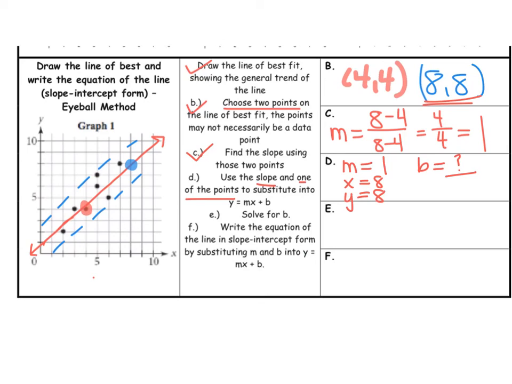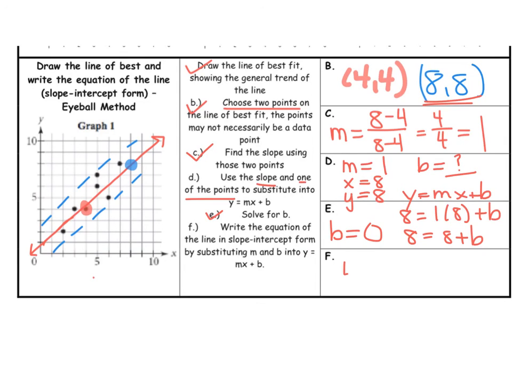So we're going to solve for b. So our equation for slope-intercept form is y equals mx plus b. We're going to plug in 8 for y. The slope is 1. We're going to plug in 8 for x plus b. And we get 8 equals 8 plus b. So our y-intercept has to be 0.